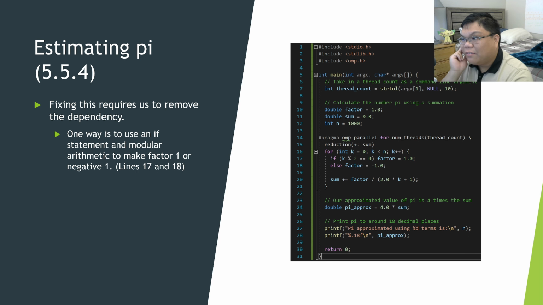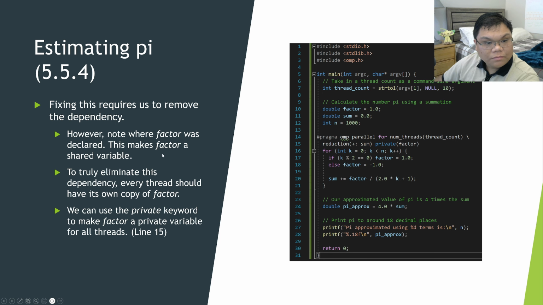There is one more thing we have to take into account, and it is the fact that factor is a shared variable. So to be absolutely sure that we've removed all of our loop carry dependencies, we would need to make factor into a private variable. We could just declare it inside the for loop, but another way, especially if you want to minimize rewriting of code, is to just make factor a private variable by using the private clause.